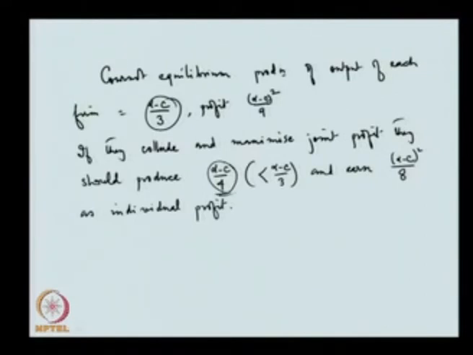And in fact, in collusion their profit is more than when they operate individually. So, that is why we say that in the Cournot equilibrium, the firms are ending up producing more, and when they produce more, the prices go down and profit also is less than what it could be.